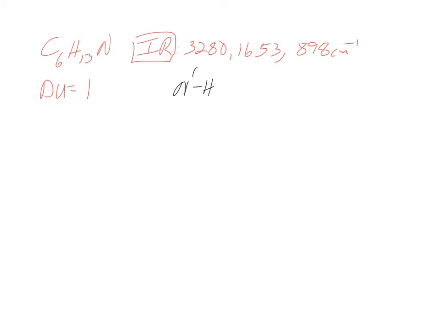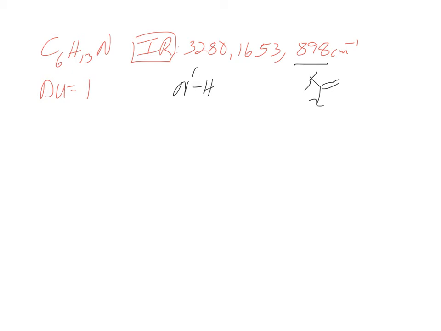1653. That's close. C double bond O, C double bond C, C double bond N. It could be any of those. But then I see this peak at 898. What does 898 tell us? Terminal alkene. Mono or disubstituted? Disubstituted terminal alkene.